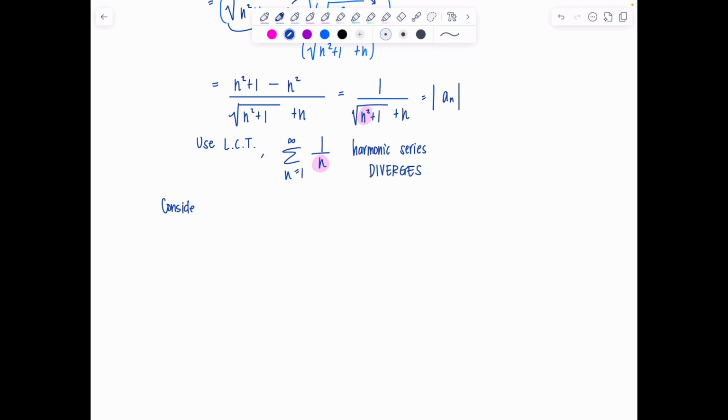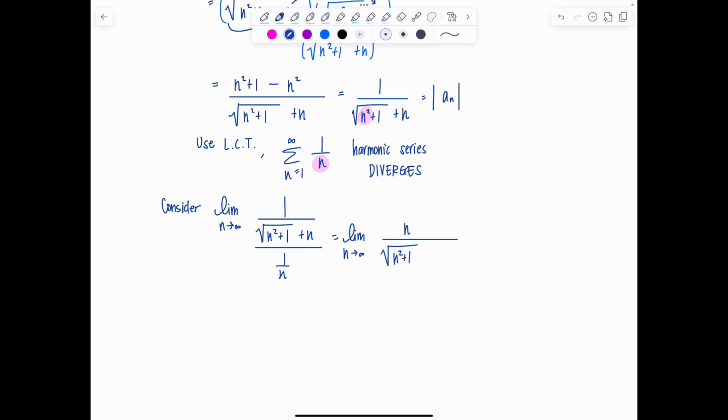So let's consider the limit as n goes to infinity, 1 over square root of n squared plus 1 plus n, over 1 over n. So this is now limit n goes to infinity, n over square root n squared plus 1 plus n.